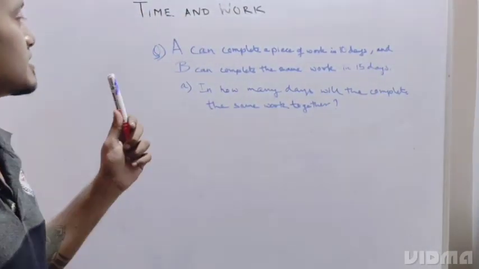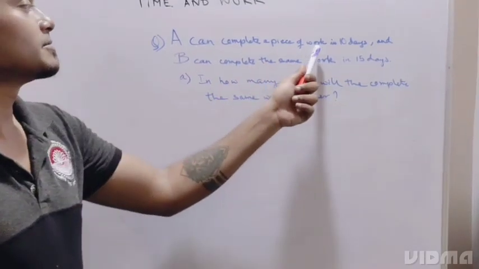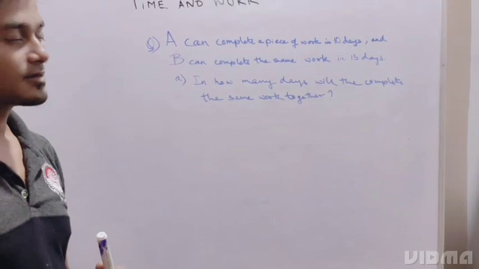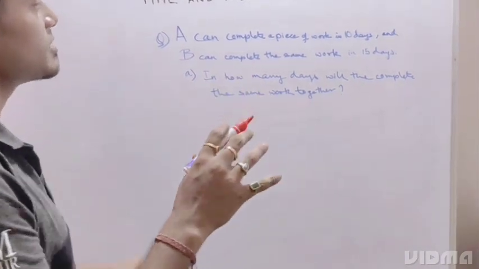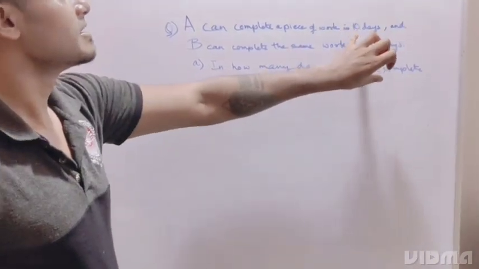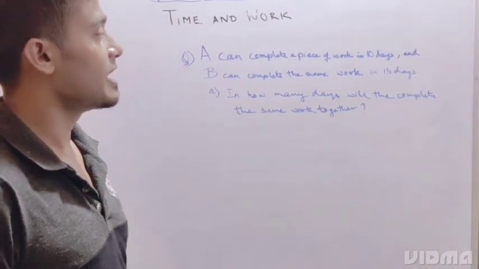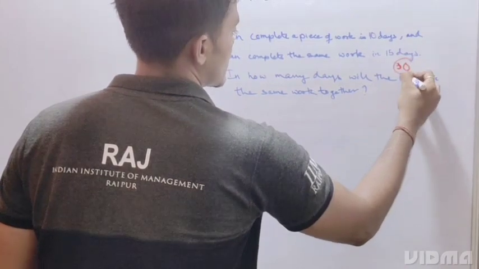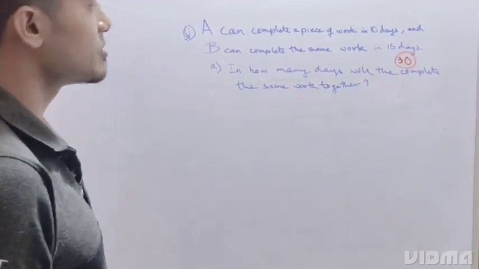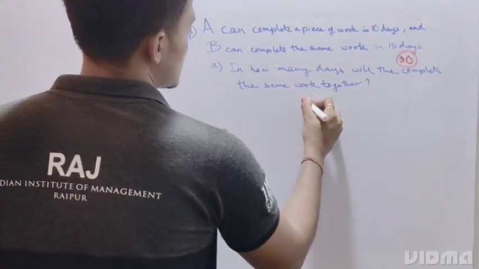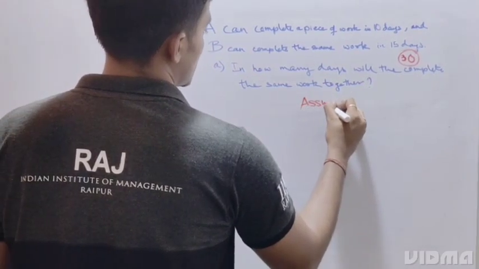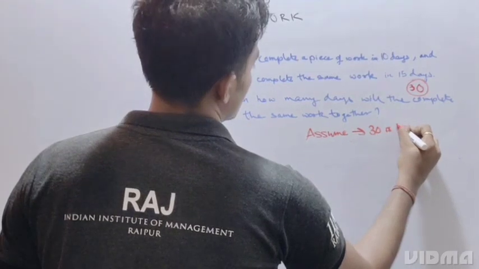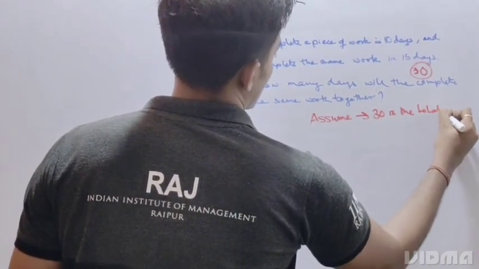So in this case, A can complete a piece of work in 10 days and B can complete the same work in 15 days. Now, what is the LCM, least common multiple, between 10 and 15? It is 30, right? So let's assume 30 is the total work.